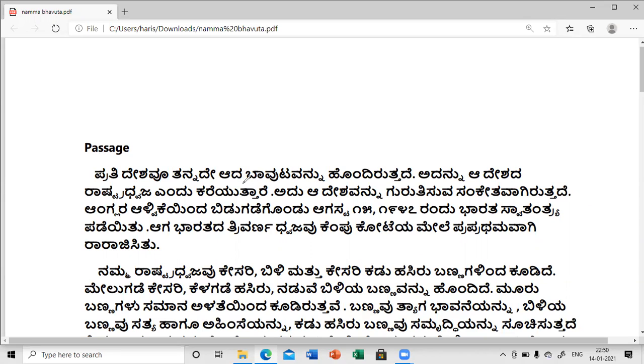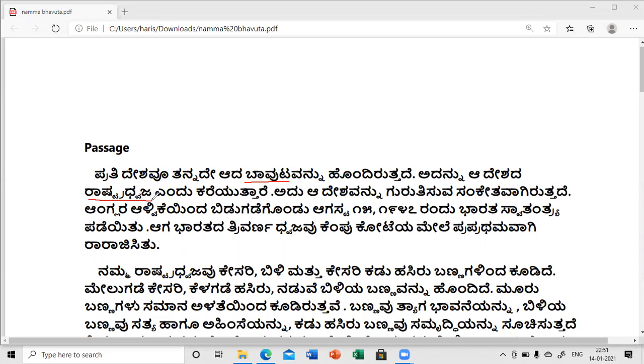Rashtra Dhwaja, Dhwaja and Bavuta, these are synonyms that we have here. So you have to be careful about these synonyms. Sometimes when you get the same word in the passage, that would be an advantage for you. Here you see Bavuta means Dhwaja, so you have to relate to it. Go to that specific place where you get this word Bavuta or Rashtra Dhwaja.